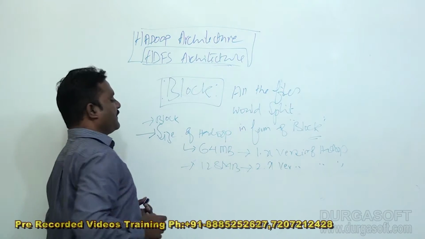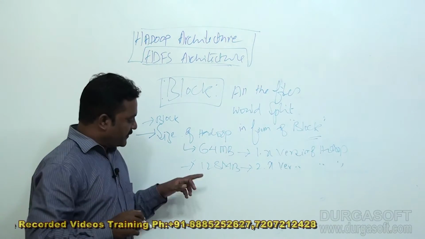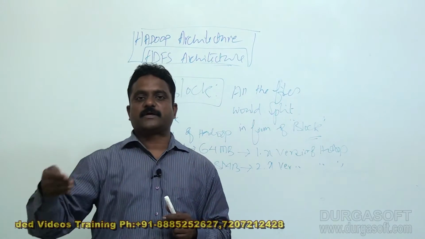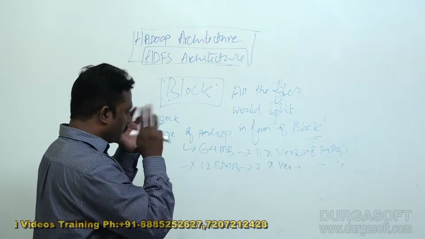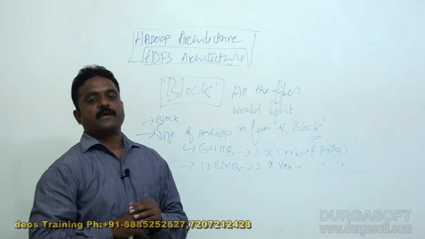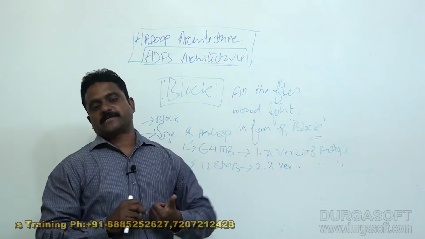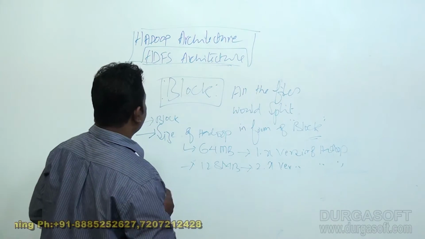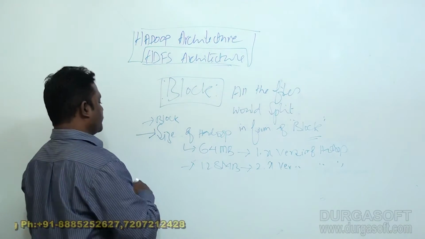So 64 MB and 128 MB. We will look at the 128 MB block when we go to the 2x architecture. Our only concentration here is on 64 MB, as we are exclusively studying the details of the Hadoop 1x architecture. Now the block size of Hadoop is 64 MB.